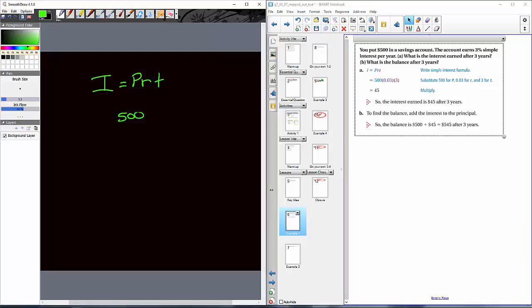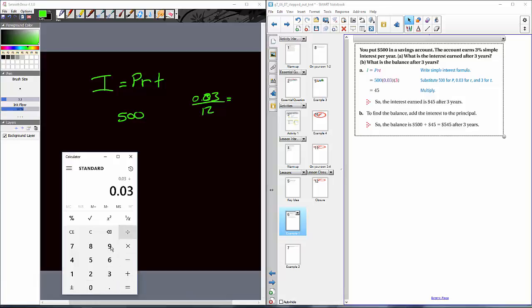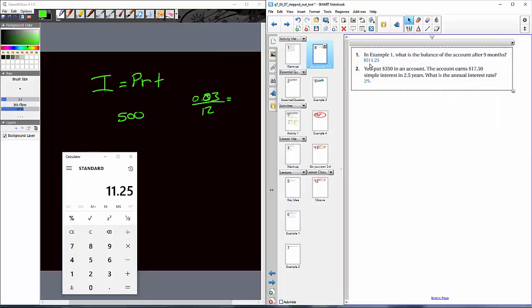So I'm going to have my 3%, so 0.03 divided by 12. And this will tell me what I should get per month. And I want to figure it out for 9 months, so I'm going to say times 9. And I get this number here. I'm going to now take that number and multiply it by 500. And this is where I got the $11.25. I then add it back to the principal, and that's how I got $511.25.